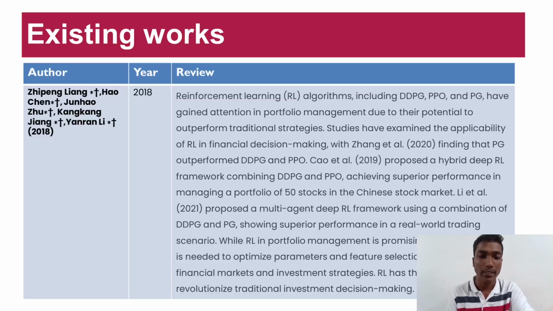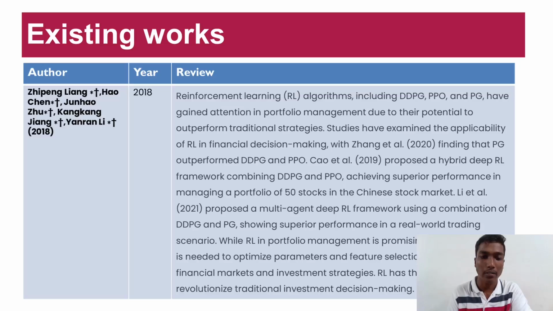And coming to the literature review, in the year 2008, some authors reviewed that reinforcement learning has gained attention in portfolio management for its potential to surpass traditional strategies. One of the authors compared DDPG, PPO, and PG algorithms, and by comparing these algorithms, they found that PG performed the best.